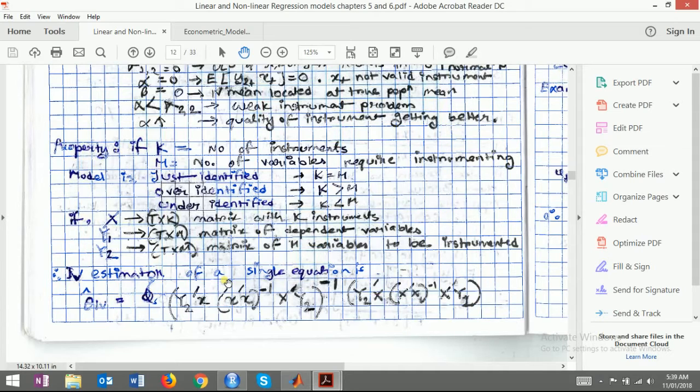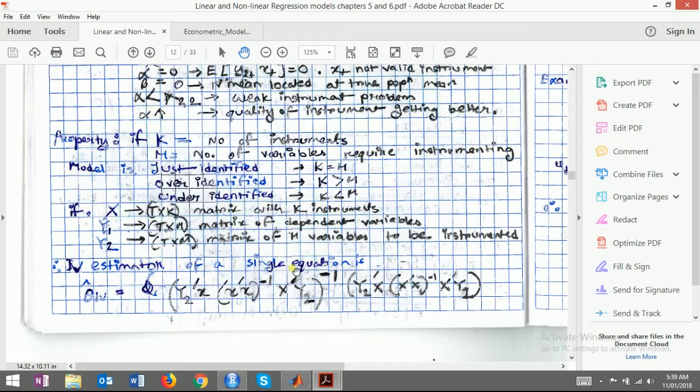So the instrumental variable estimator of a single equation, we used this equation yesterday in our problem: y2 transpose x, x transpose x inverse, x transpose y2 inverse, then y2 transpose x, x transpose x inverse, then x transpose y1. Yesterday, instead of y1, in one case we used w and we used y2.